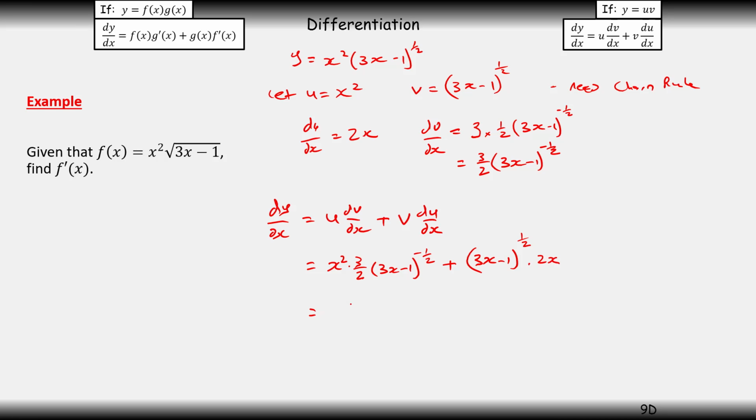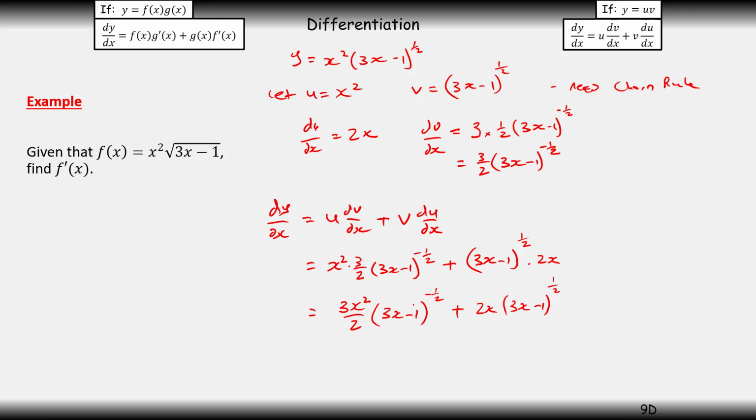Simplify, that's equal to 3x squared over 2 times 3x minus 1 to the power of minus a half plus 2x times 3x minus 1 to the power of a half.